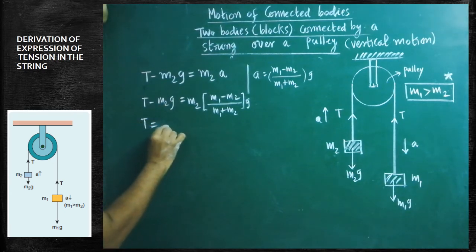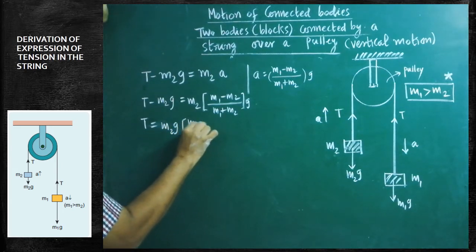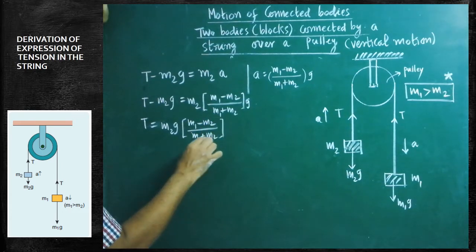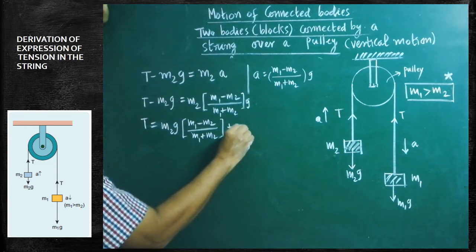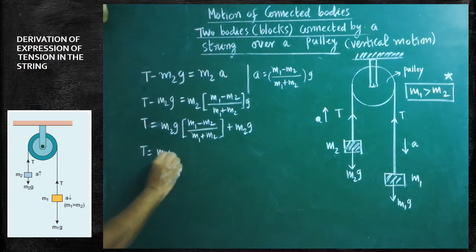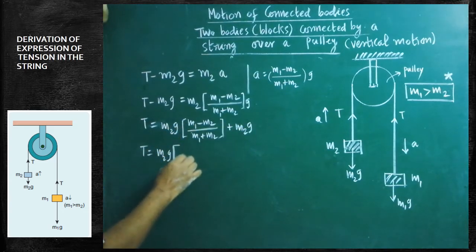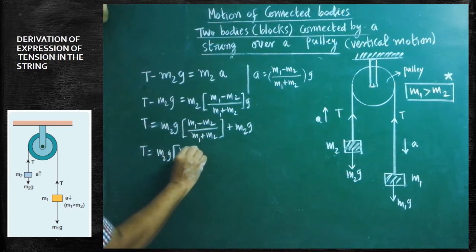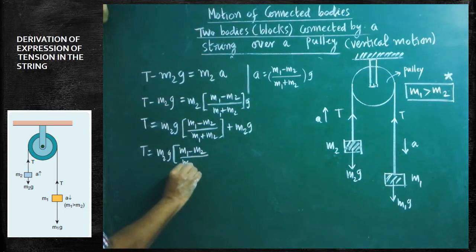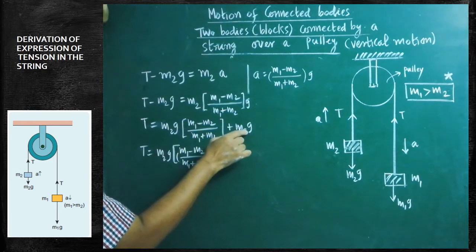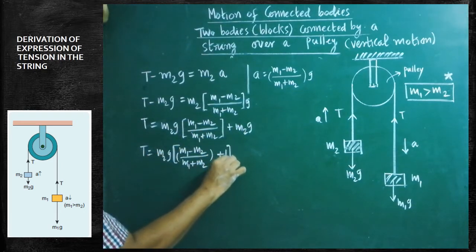T is equal to, this g can be multiplied here, m2g plus m2g times (m1 − m2) divided by (m1 + m2). If the factor is brought to this side, that one becomes m2g. Are you clear? m2g is the common factor, and this one can be separately written as (m1 − m2) divided by (m1 + m2) within the bracket, so 1 can be written.